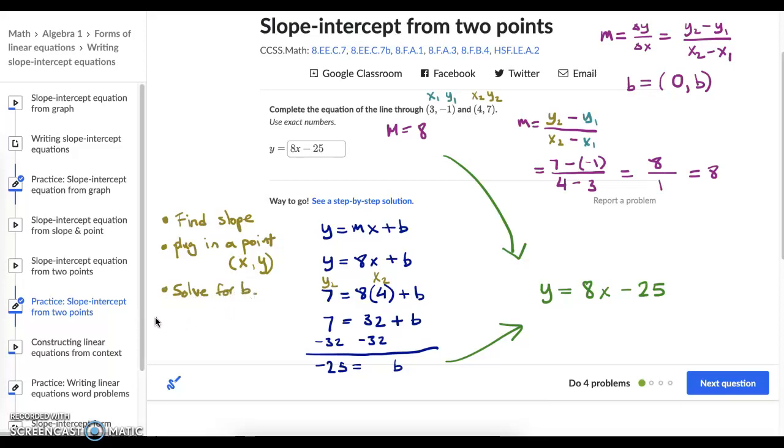And finally, use m and b to write your equation. And there we have it.